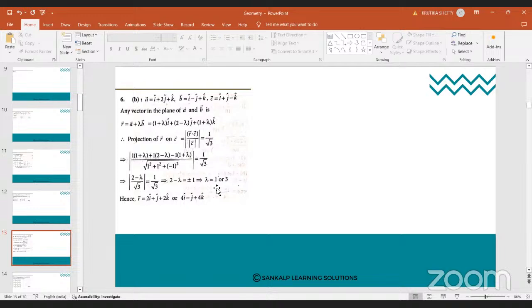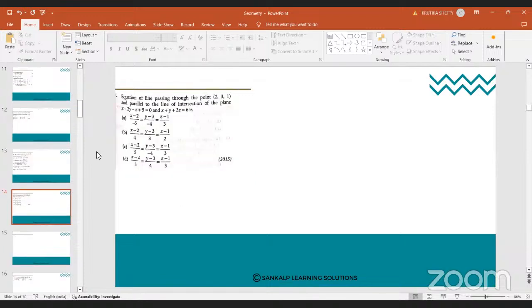On substituting the lambda value, we get r equal to 2 i cap plus j cap plus 2 k cap, or when we substitute 3, we get 4 i cap minus j cap plus 4 k cap. So option B will be the right option. Next example, example number 6.